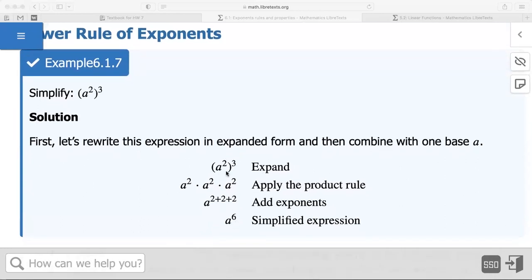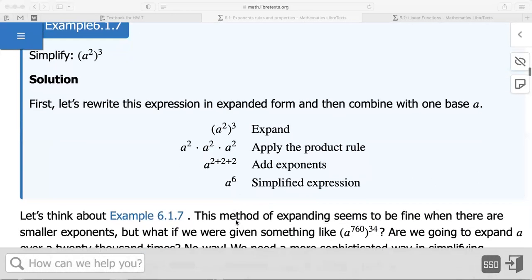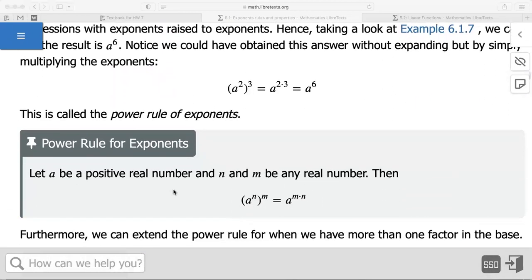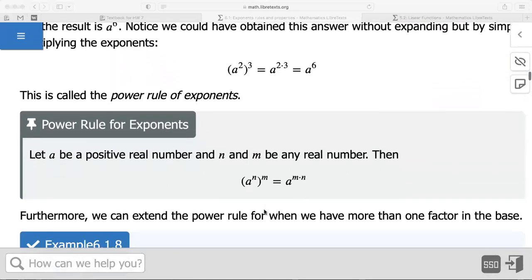Instead of doing this long thing, I can do the shortcut: 2 times 3 equals 6. So in the power rule, if I have a raised to a power, and then I raise the power again, I multiply the powers.